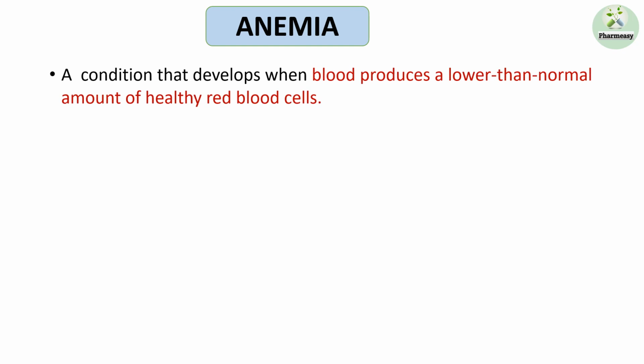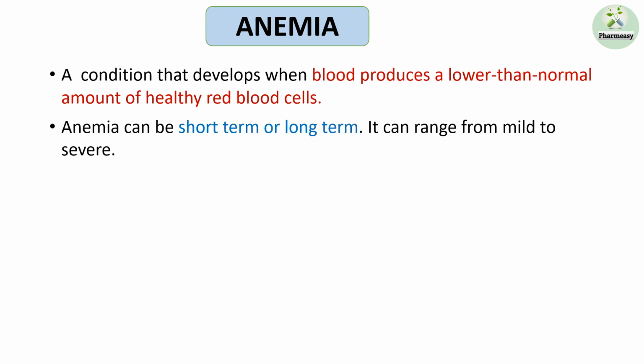Next topic is anemia. It is a disease, disorder, or a condition that develops when blood produces a lower than normal amount of healthy red blood cells. Simply, it means lack of RBCs production in the blood. Anemia can be short-term or long-term. It can range from mild to severe condition.